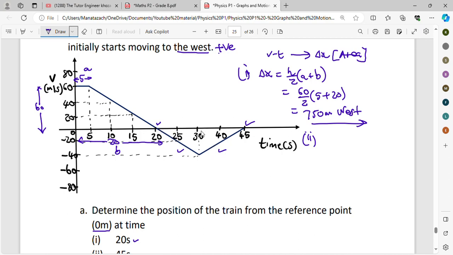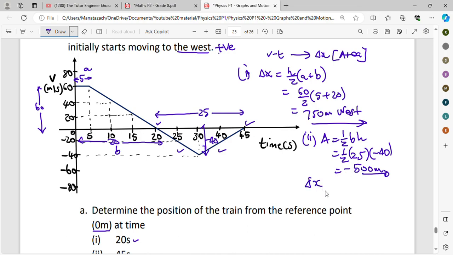This triangle has a base of 45 minus 20, which is 25 seconds in length, and then the height is minus 40. The area of a triangle is half base times height. So 1 divided by 2 times 25 times minus 40 is minus 500 meters.